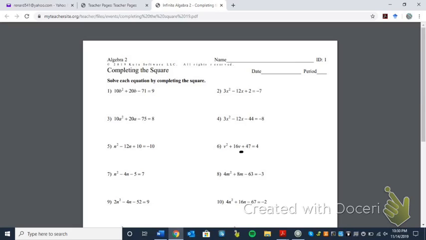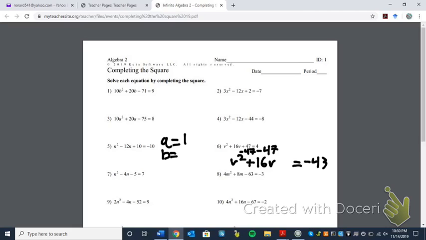So next one we're going to do is number 6. It's a little bit tougher, but we also have the benefit of not having to divide by a. So we're going to put it in the right form, subtract 47 from both sides. That gives us v squared plus 16v equals negative 43.